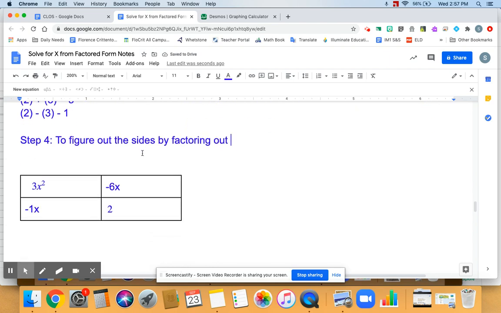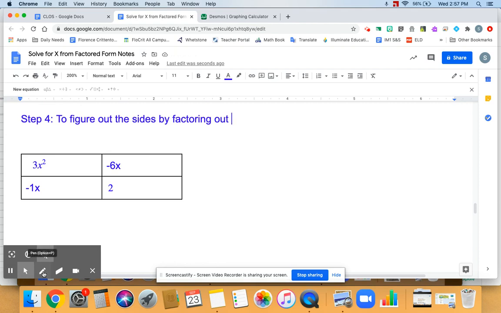So what I mean by that is when I'm going to factor, I could either factor up and down like this, or I could factor side to side. Let's go with up and down. So between 3 and 1, the biggest number that divides into both 3 and 1 is just 1, because 1's the only thing that multiplies to 1. This one has an x, this one has 2 x's, so I can take out 1 of the x's.